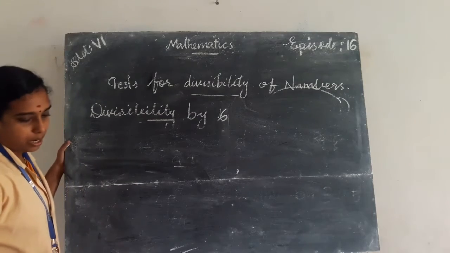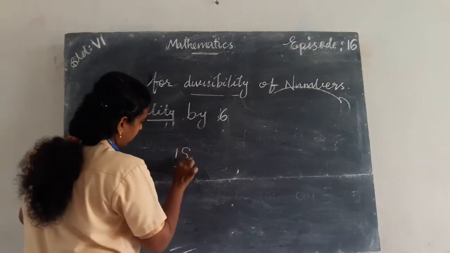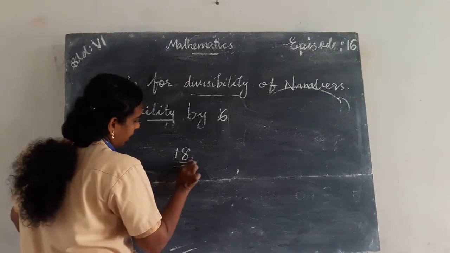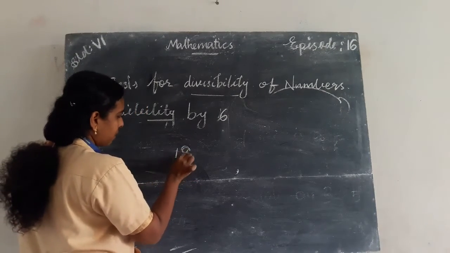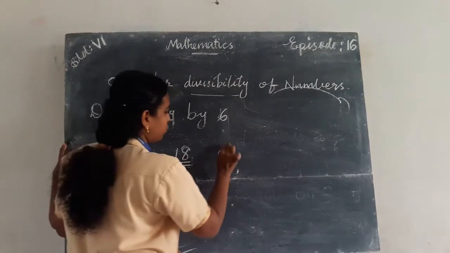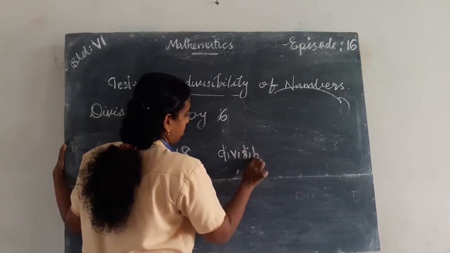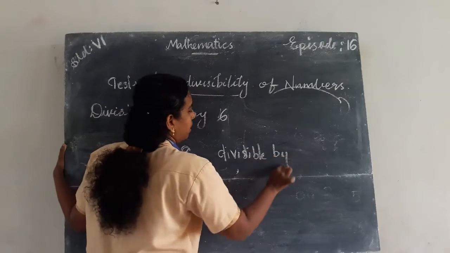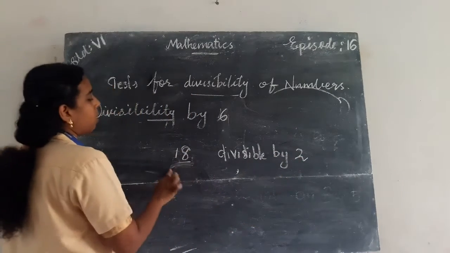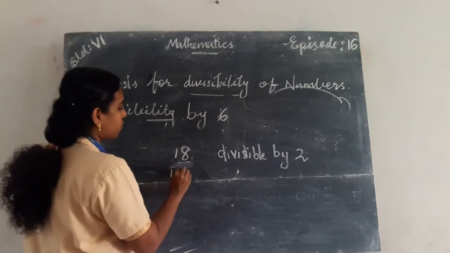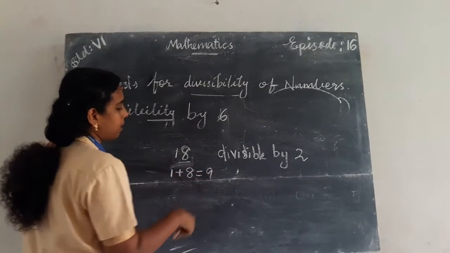Let's see an example. Here, number 18. 8 is at the ones place, so this number is divisible by 2. And also this number is divisible by 3, that is, the sum of the digits is 9 and 9 is a multiple of 3.